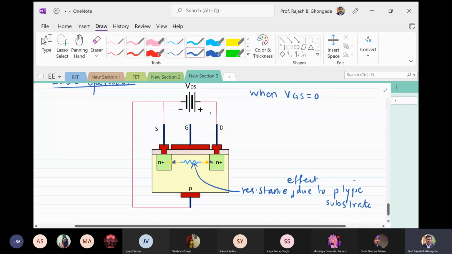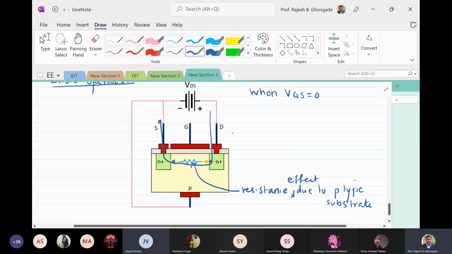No, absolutely not. Why? Because there is no path for the current flow. As in the case of our depletion MOSFET, there is no channel over there. So current is not going to flow. So I can say that ID is equal to 0.